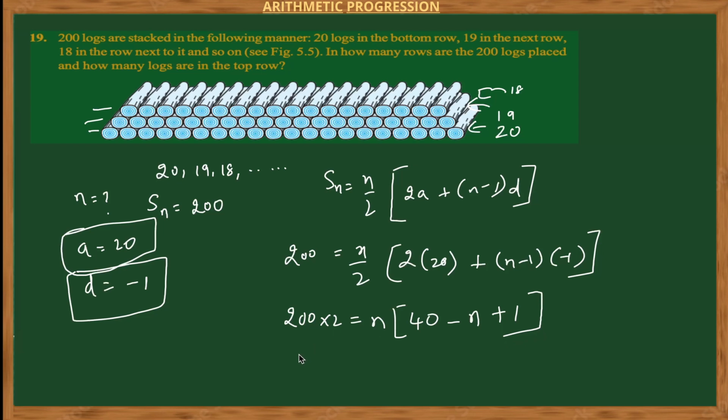Simplifying further, 400 equals n into 41 minus n, so 41n minus n square.